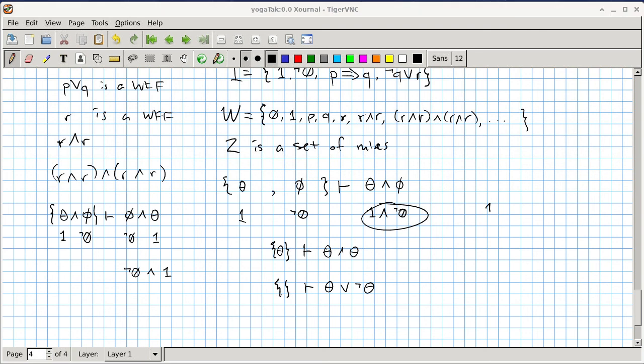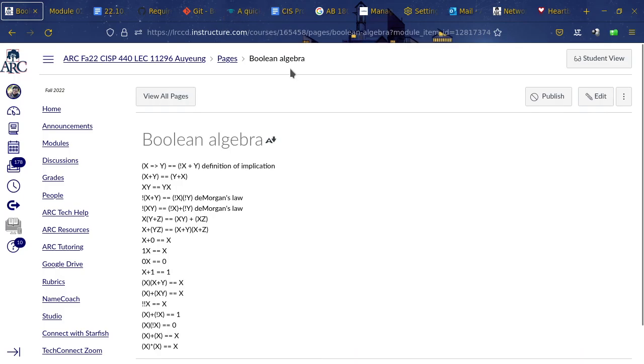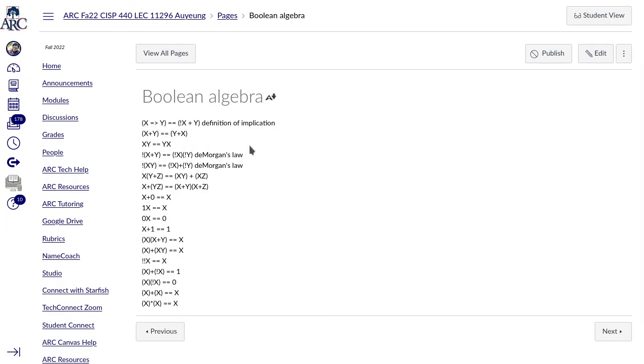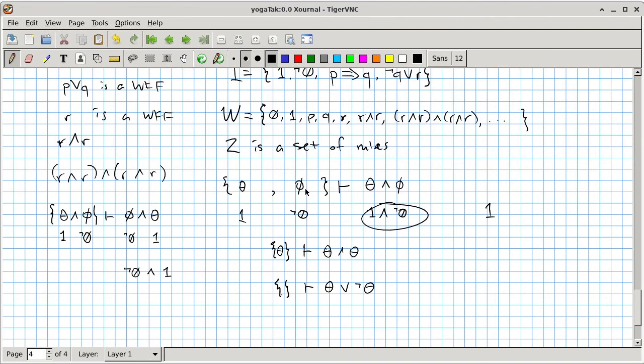So now, using the first rule, if I know that 1 is true because it is in iota, I can say this theta can be the 1, this phi can also be the 1. So now we end up with 1 and 1 is true, right?